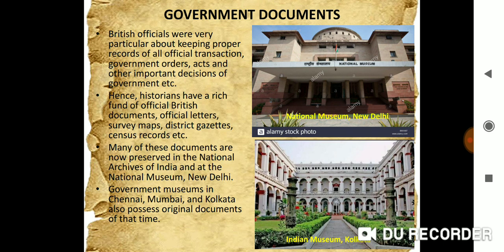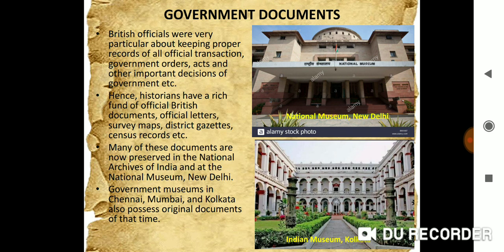The British were very proper, they maintained records very properly. For this reason, historians today are getting the official British documents and official letters very easily, because they maintained records very properly.